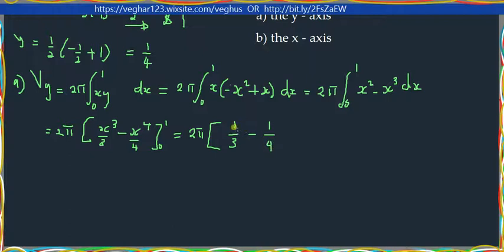When 1 is raised to any number, it doesn't change, it remains 1. 1 raised to 3 is 1, 1 raised to 4 is 1. So the other side will be 0, because we're going to substitute by 0.